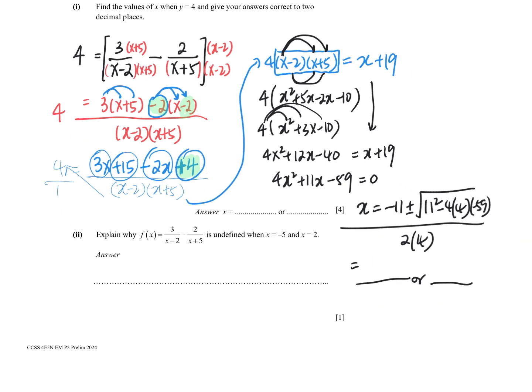Then they ask you, why is it that this one is undefined when x is negative 5 and 2? What's the reason? Undefined means math error, cannot find an answer. Because denominator will become 0, a fraction cannot have denominator 0.